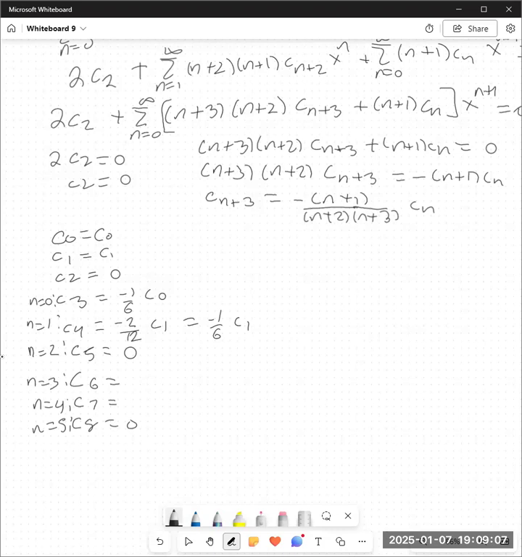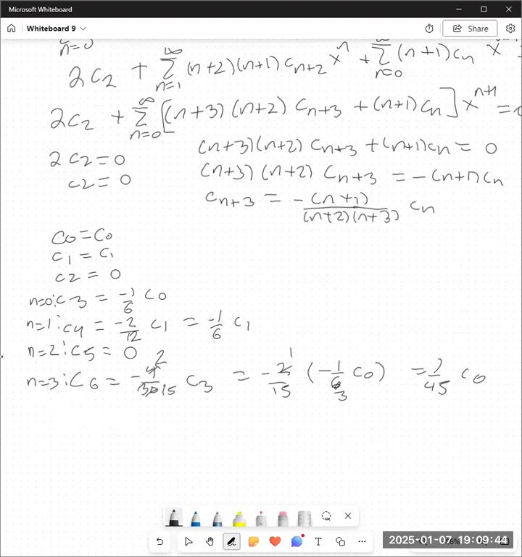So n equals 3, 4, and 5. I'll probably stop with them. So n is 3, this is negative 4 over 5 times 6, which is 30, and negative 2 over 15 C3. So negative 2 over 15 times negative 1/6 C0, 1, 3, so 1 over 45 C0.